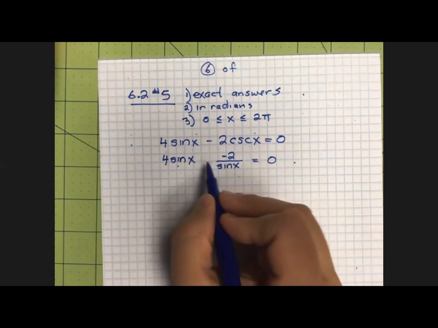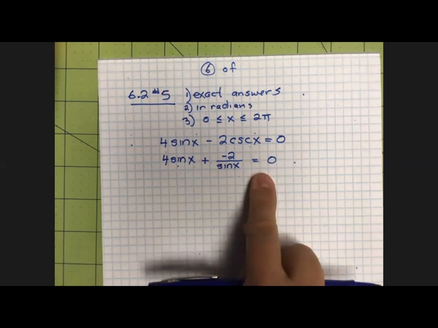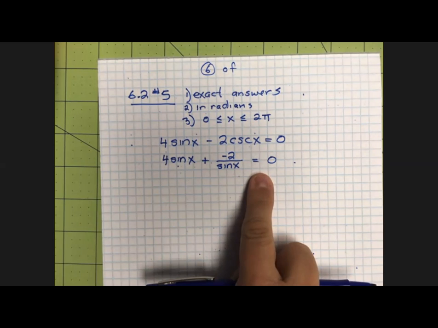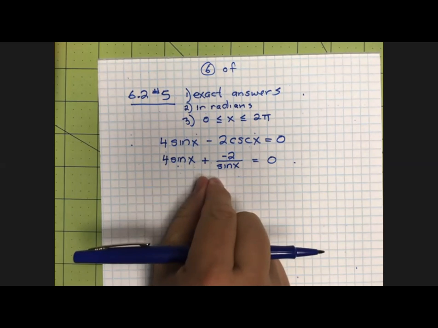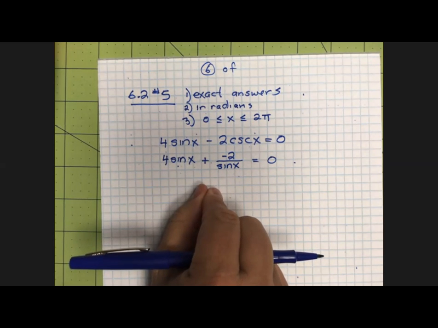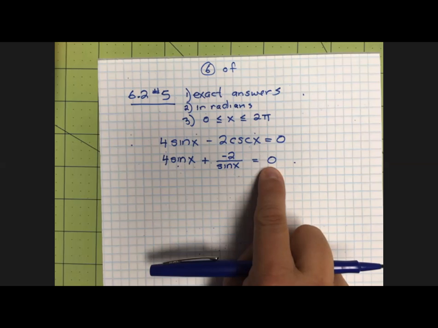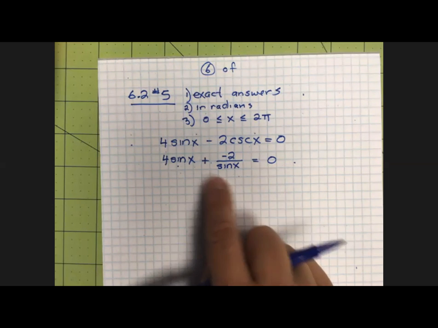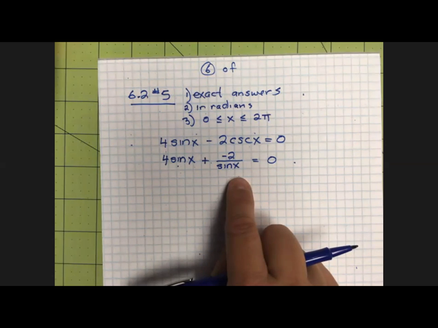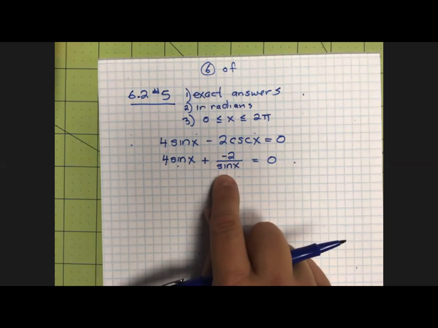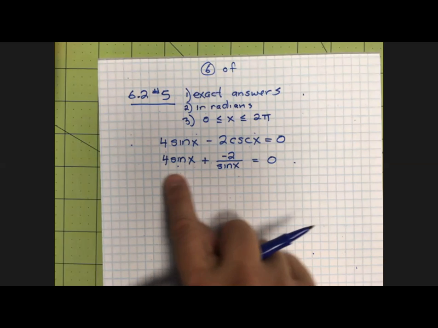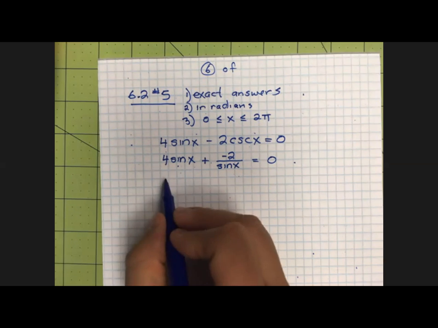So how am I going to solve this equation? I have to combine these into one fraction that's set equal to 0. Zero product principle says when you multiply two people and get 0, one of them is 0. But when you divide two people and get 0, only the top can be 0. So let's create a common denominator of sine x.